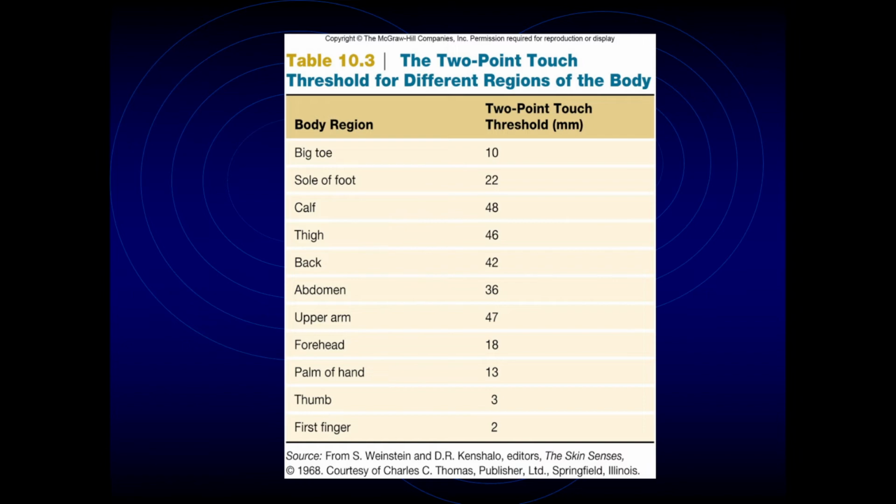For this, there must be one unexcited receptor between two excited receptors. The lower the absolute threshold of tactile sensitivity, the lower the spatial or differential threshold.